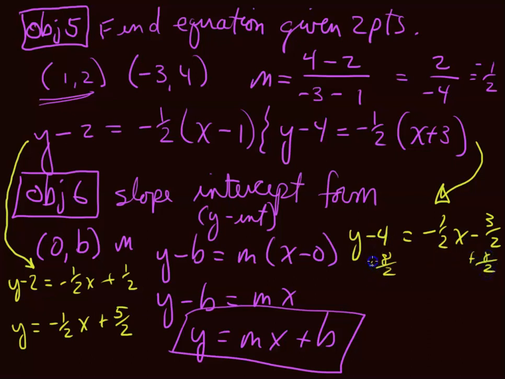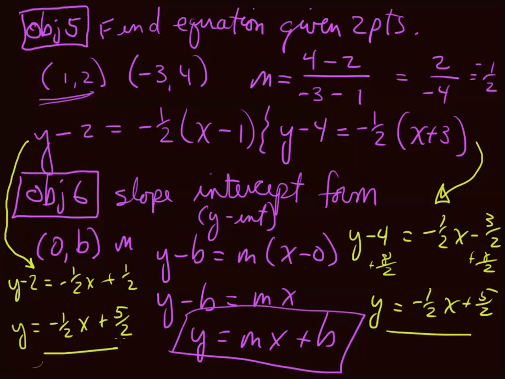Same as 4. So it's y equals negative 1/2 x, positive 8/2 minus 3/2 is a positive 5/2. Oh, look, they're the same. Doesn't matter which point you use on the line, the point-slope form will give you the right equation. You just maybe have to finagle it a little bit.